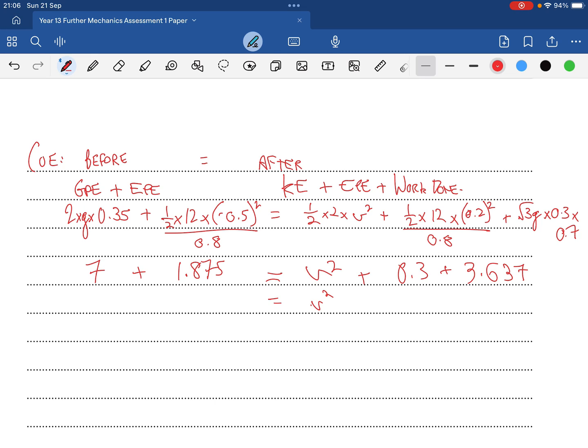I've got 4.938. And last step, to square root for our v, I've got 2.22 meters per second for the speed at C.